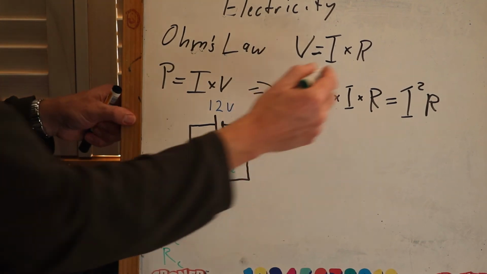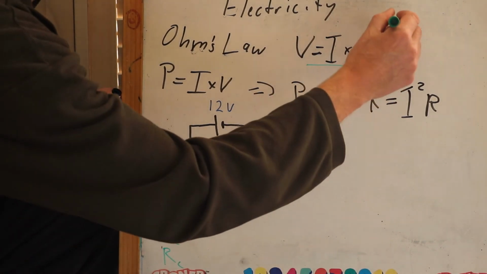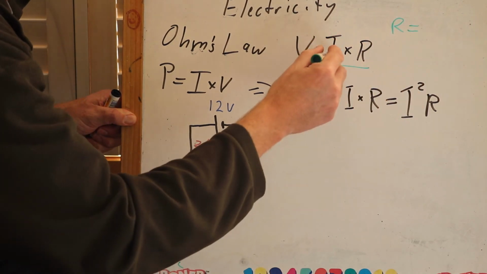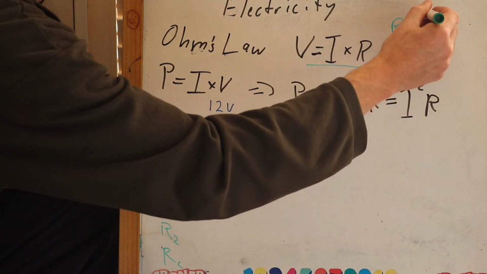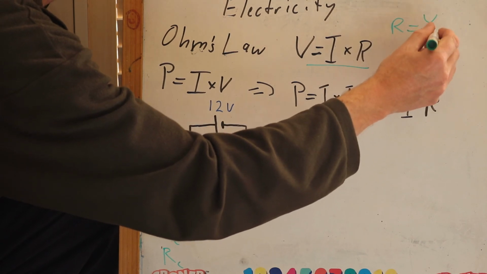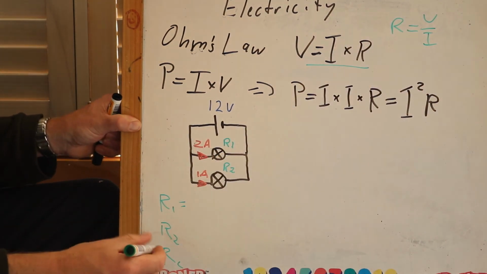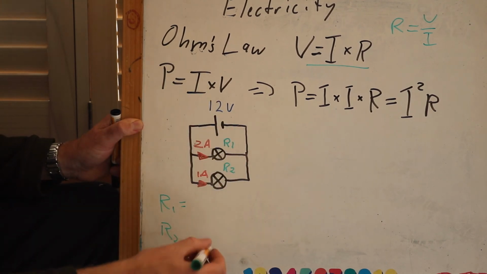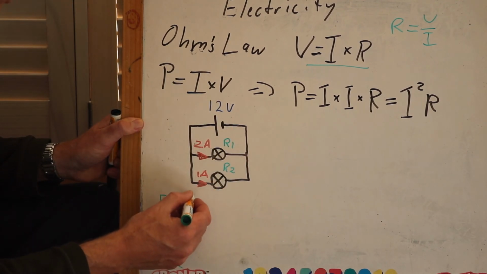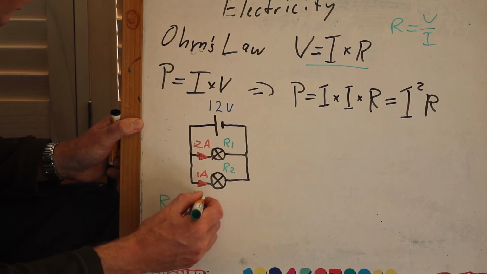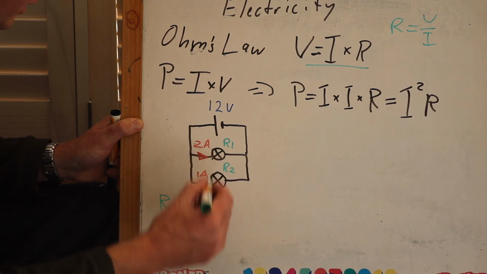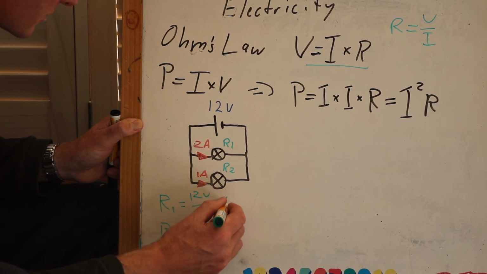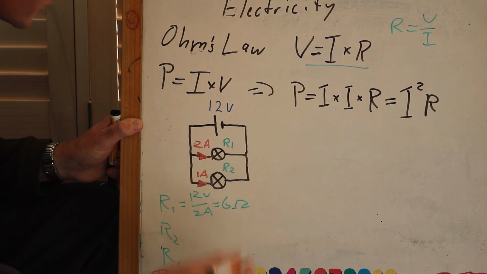Resistance, let's use this equation here, resolve it for R. R equals V over I. So I can use this down here. Voltage, both bulbs are connected to the full supply voltage because they're in parallel here. 12 volts divided by 2 amps equals 6 ohms.